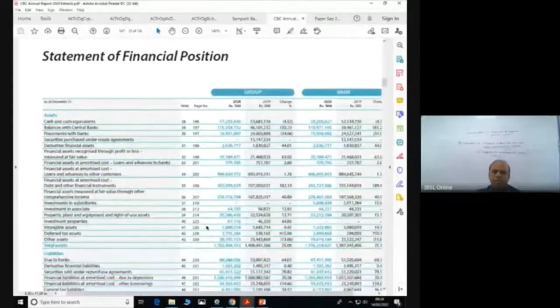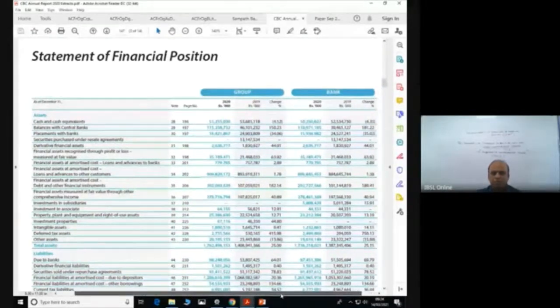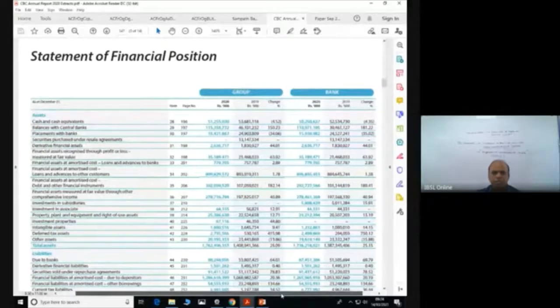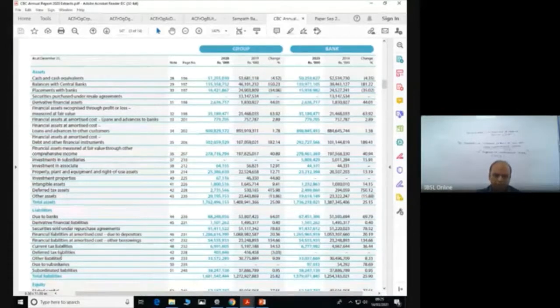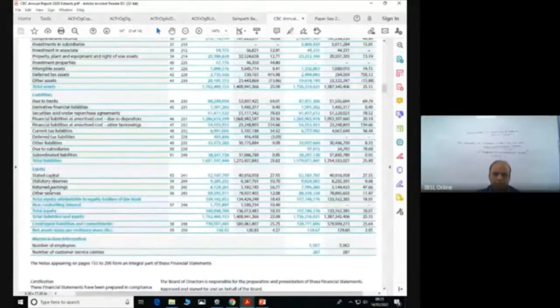Then you have the statement of financial position. Here you will see it is as at December 31, 2020, 2019, group and bank. And you have the assets. Then you have the liabilities. And then you have the equity. Okay.